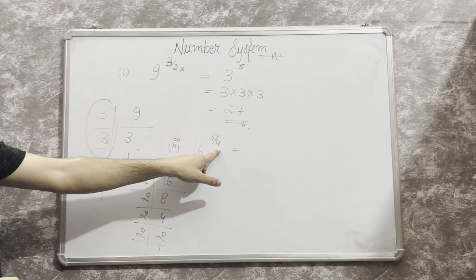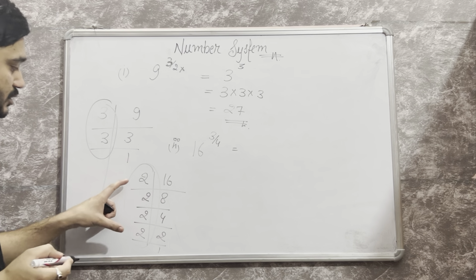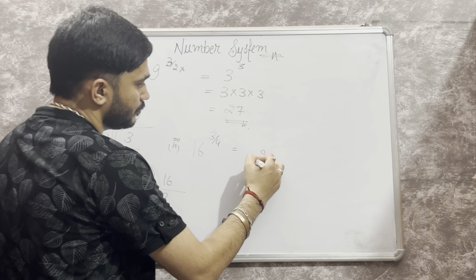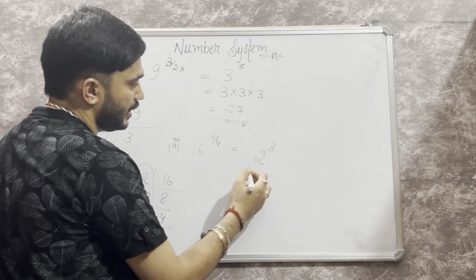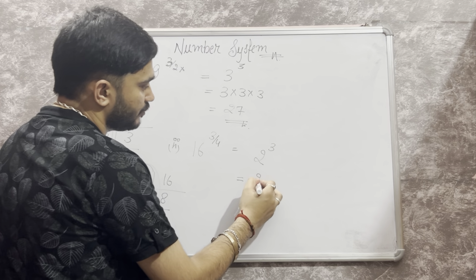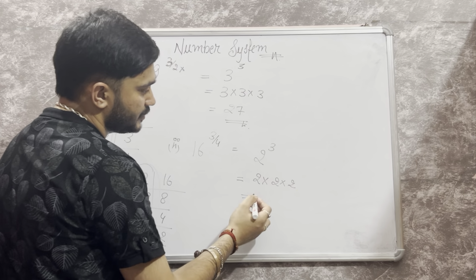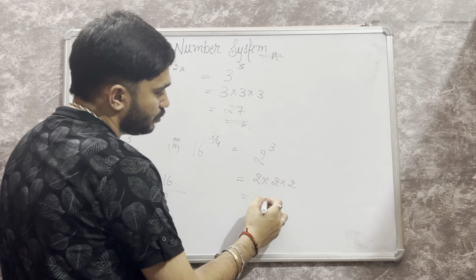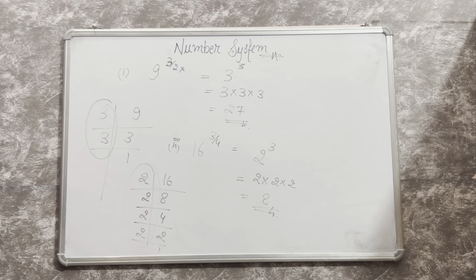You have 4 in the denominator. So you are going to make the pair of 4 numbers. So the answer will be 2. In the numerator, the power is 3. So you will write 3 here. 2 raised to power 3 means 2 is going to be written 3 times and being multiplied. So 2 into 2 into 2 is 8. So the answer of this question is 8. Any doubt?